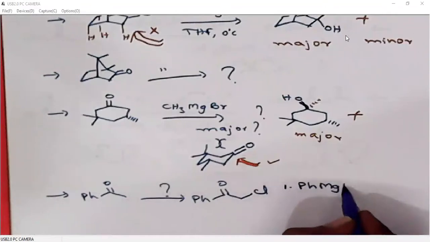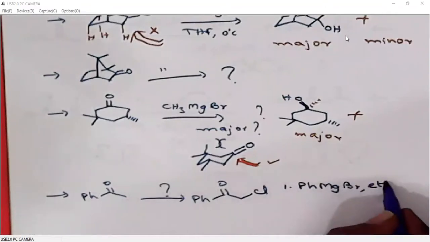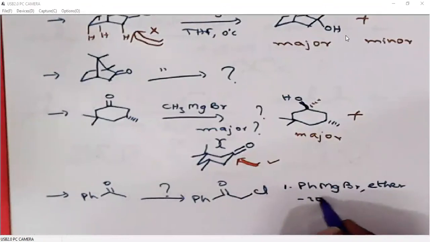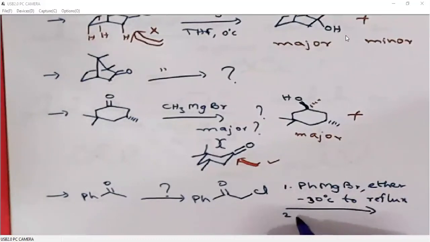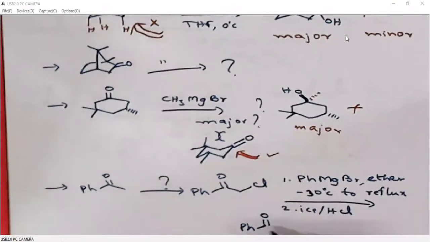This compound, upon treatment with Grignard reagent, undergoes nucleophilic substitution on the halogen. So the product is, this is the product.